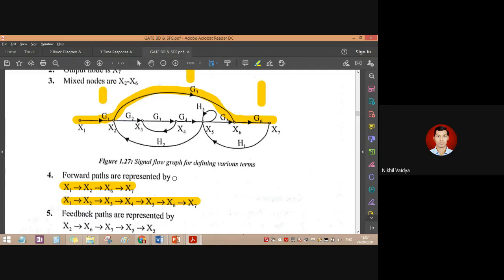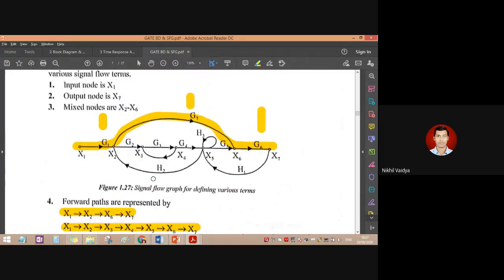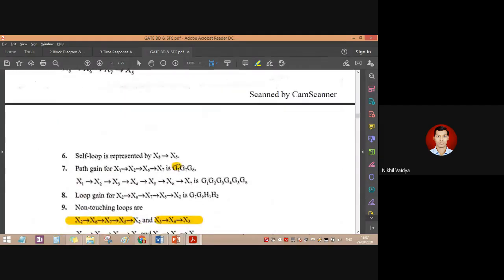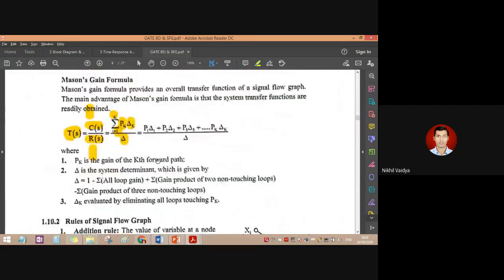So this forward path gain will be G1, G7 and G6, and this one is G1 to G6. They are also forward path gains. That is what we write in the positions of P1, P2, P3. As many forward paths as are present in our signal flow graph, we write them as P1 and so on. So what is P1? The forward path gain. Clear?